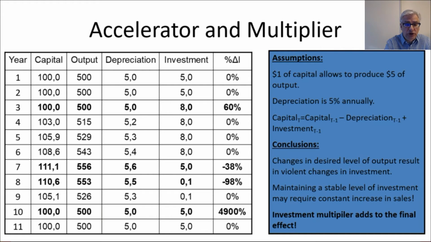And we continue investing at this level of 8 till the year number 7, when we already have this increase of 10% in capital, which allows us to have this 10% increase in output from 500 in year number 3 to 556 in year number 7.